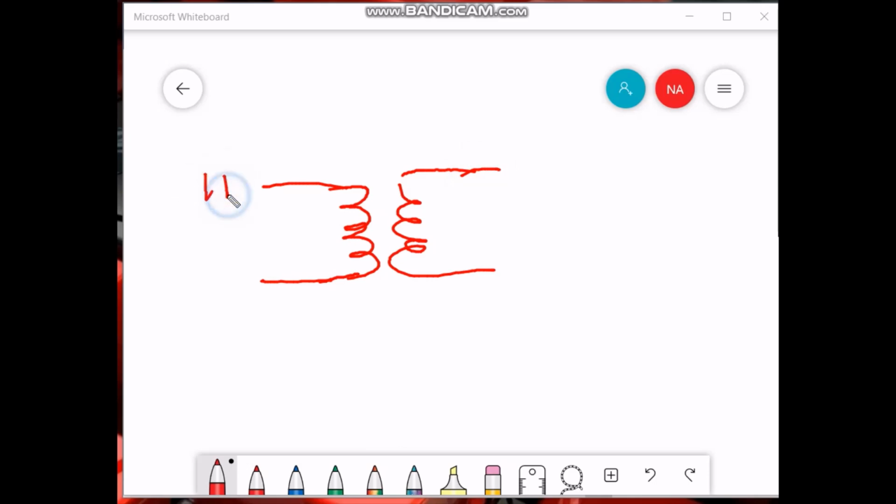Let's say this one is H1 and this is H2. And this is the secondary side. Now we have to perform the polarity test to determine whether this is X1 or this is X2, or this is X2 or this is X1.